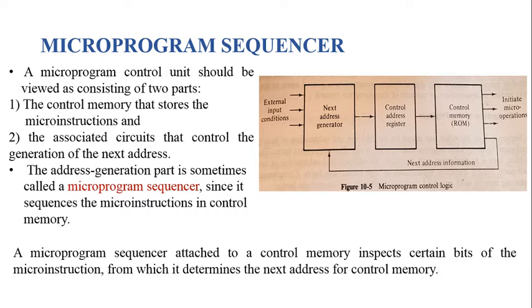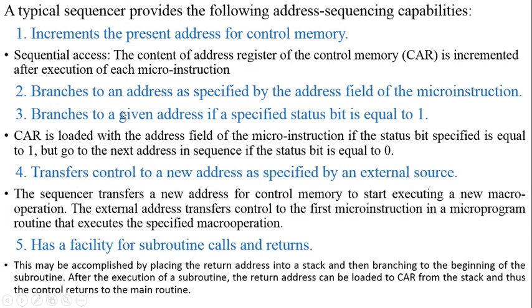Instead of only the micro operation part, the micro instruction contains an address field which contains the address of some other micro instruction. The currently executing micro instruction consists of some 16 or 26 bits of information. Certain bits indicate the micro operation part and the remaining bits indicate the address field.